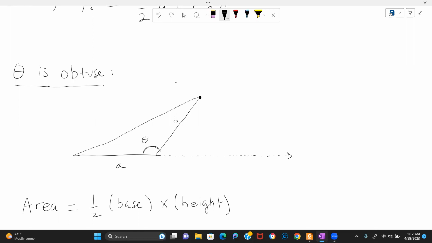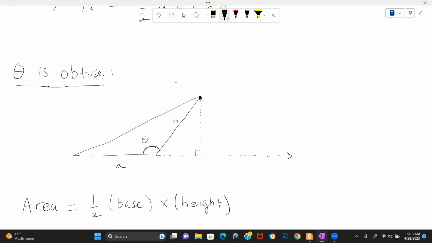Then we form a line perpendicular to it going through this vertex, so we drop down a perpendicular line. Because these are perpendicular, this angle right here is necessarily a 90-degree angle.